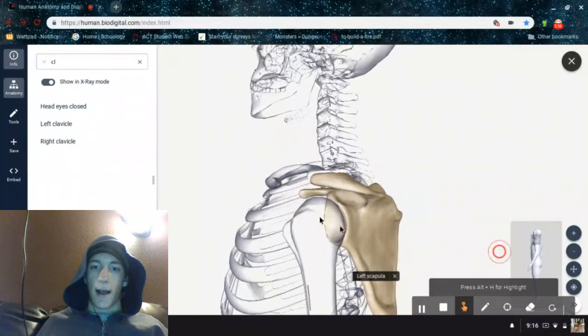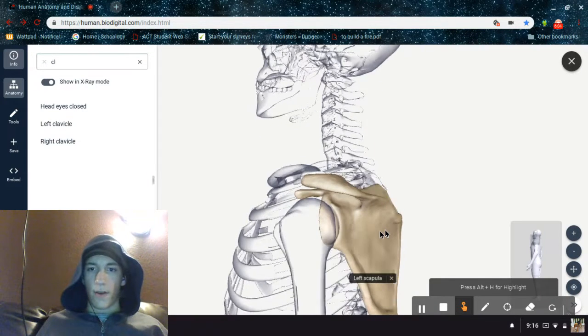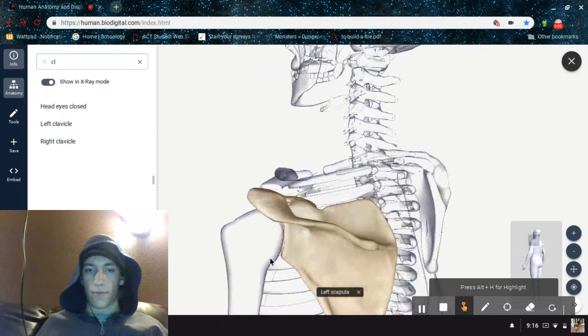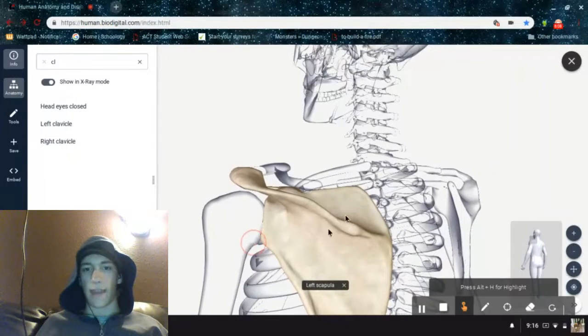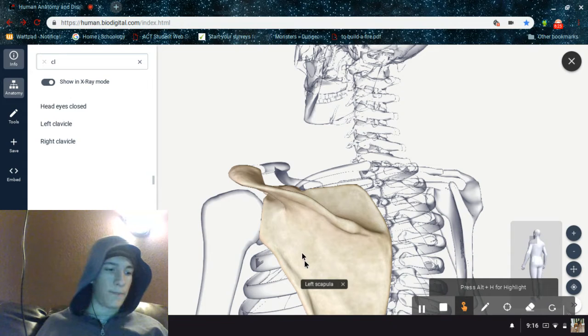So we actually have 4 fossas here. So we have the infra or inferior spinous fossa. See right here how it dips in right below the spine. That's a fossa that's right below the spine. So it's the infraspinous fossa.